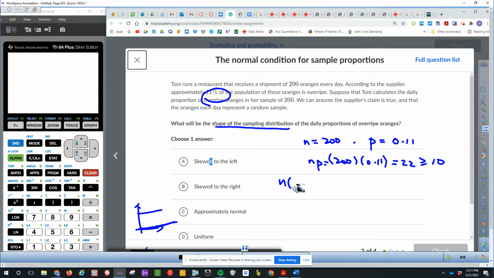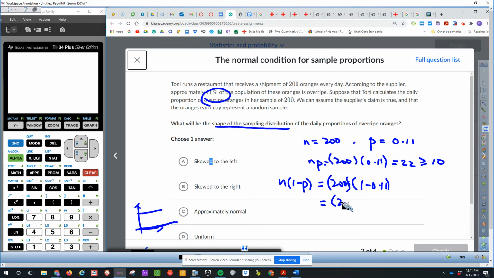Then look at n times 1 minus p. So it will be 200 times 1 minus 0.11, and 1 minus 0.11 is 0.89.